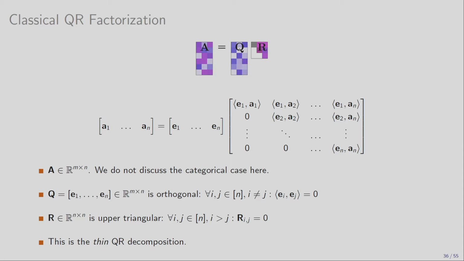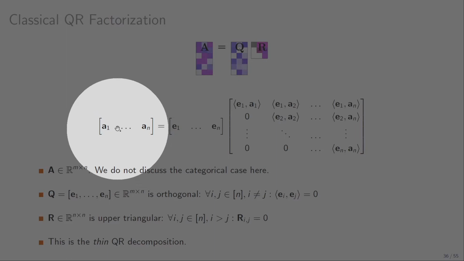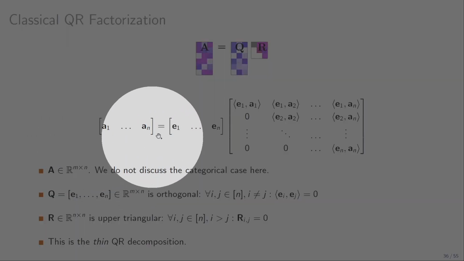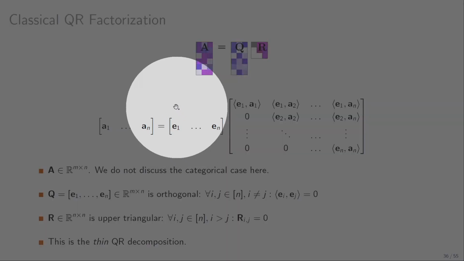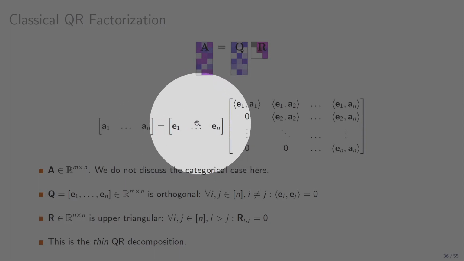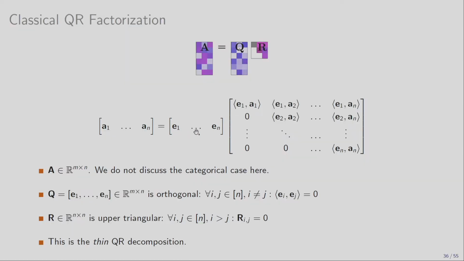For Gram-Schmidt, the idea is that from our matrix A, which we represent as these vectors A1 to An, we get a matrix Q, E1 to En, where each vector E is of size M, where M is the size of the query result.